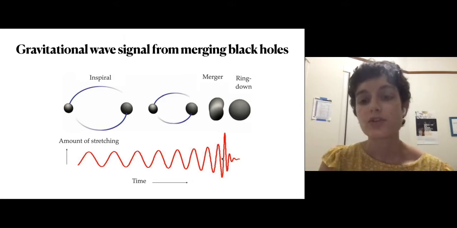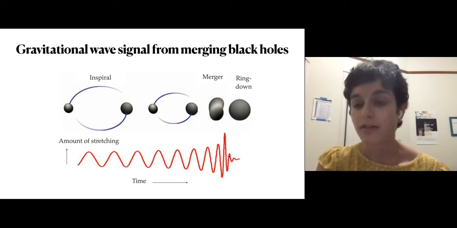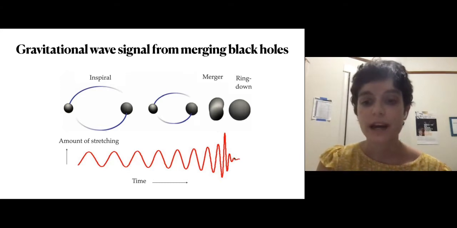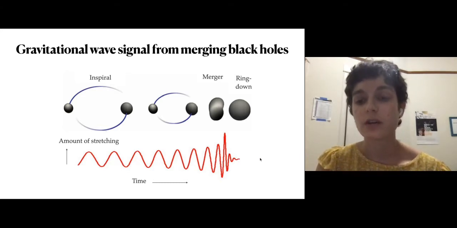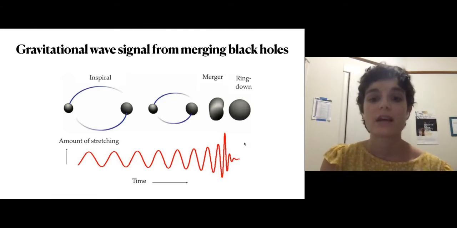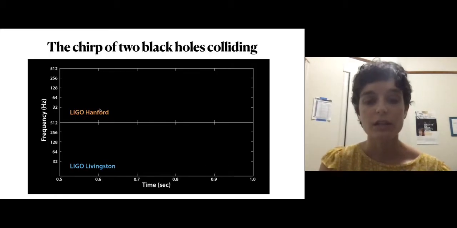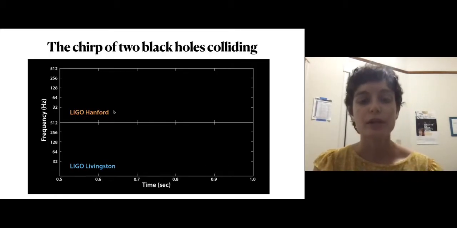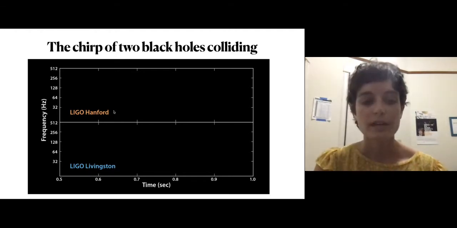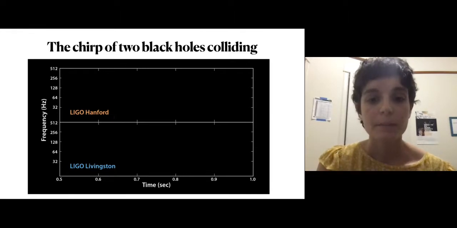Then there's a merger where the gravitational wave signal peaks, and when you have a final black hole, it rings down, and then the signal dies out and there's no more gravitational waves. So this is this form of frequency as a function of time. We can see it's called chirp because the frequency is increasing with time, and we can actually listen to that here.